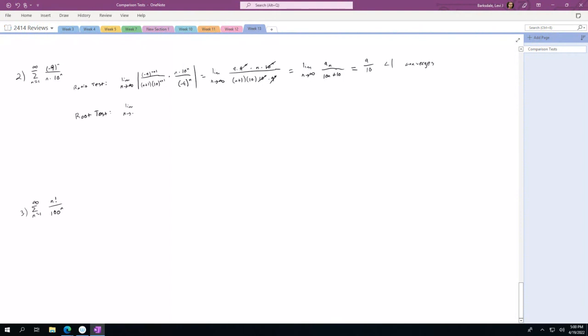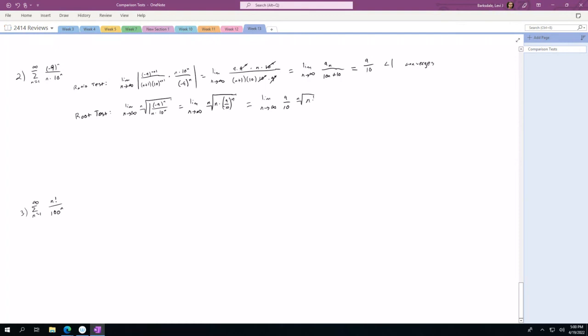If I wanted to work this out using the root test, well, then I would take the limit as n approaches infinity of the nth root of the absolute value of -9 to the n over n times 10 to the n, which is the limit as n approaches infinity of the nth root of n times 9/10 to the n, which is the limit as n approaches infinity of 9/10 times the nth root of n.